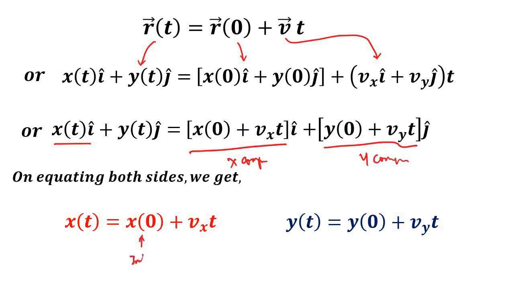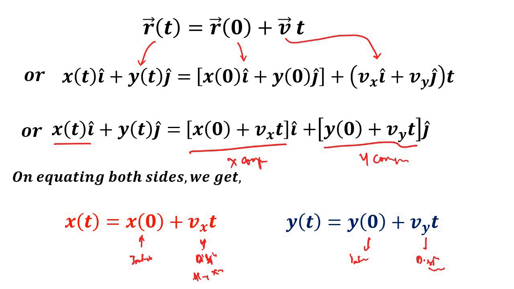So the final position along the x-axis after a time interval t is the initial position along the x-axis, or the initial x coordinate, plus the total displacement along the x-axis. Similarly, the final position along the y-axis is the initial y coordinate, or the initial position along the y-axis, plus the net displacement along the y-axis.